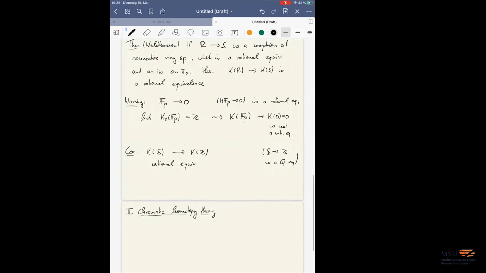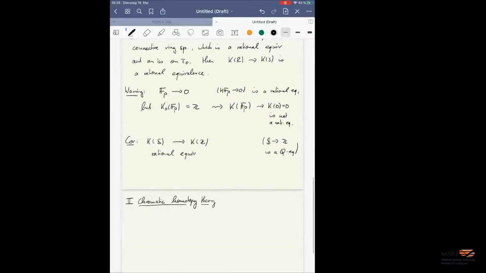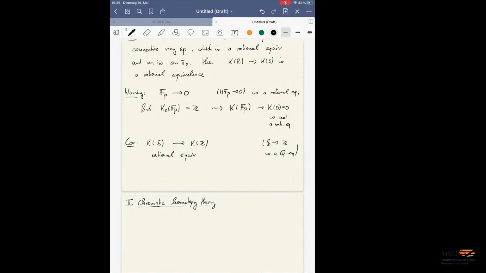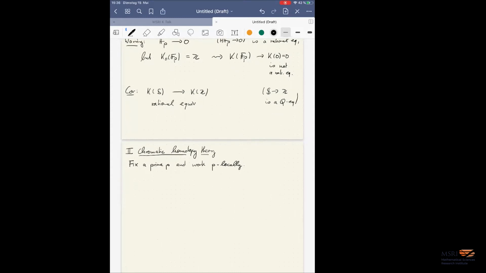So time is too short to give a complete introduction to chromatic homotopy theory here, but I want to say a few words, particularly to motivate why I see this as a very natural extension of the ideas going into rationalization. So fix a prime P, and work P-locally. So implicitly, in the following few lines, we have everything localized at P, just to save some notation.